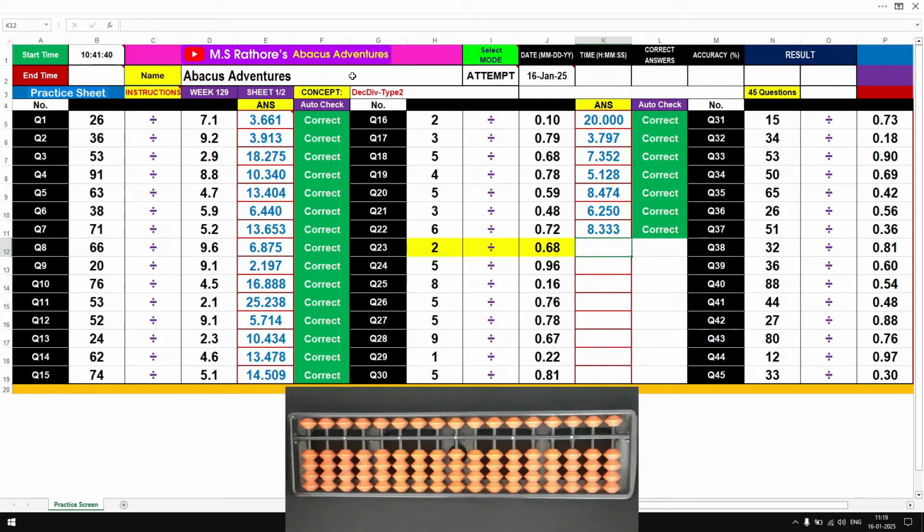Question number 23, 2 divided by 0.68 or it becomes 2 divided by 68.